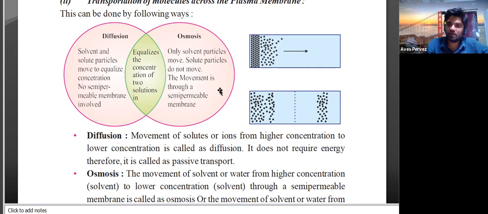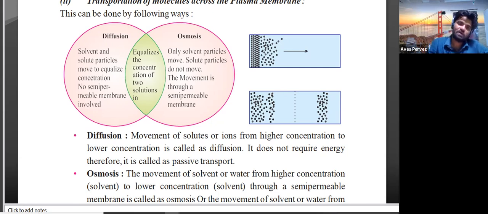But in osmosis, only the solvent particles move, mainly water. The solvent is generally water, so only the water moves across the membrane, from a region of higher concentration to lower concentration. Due to osmosis, certain changes take place in our cells.